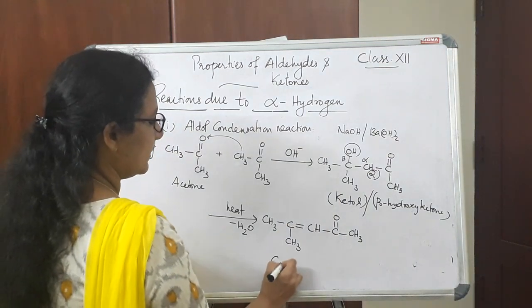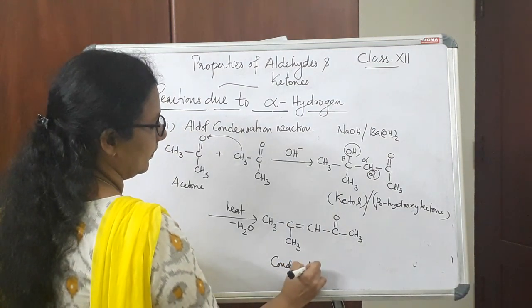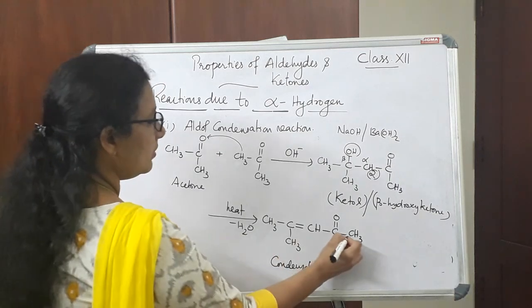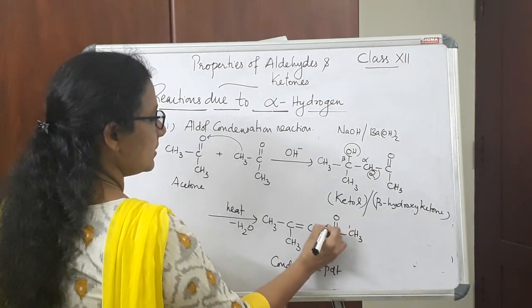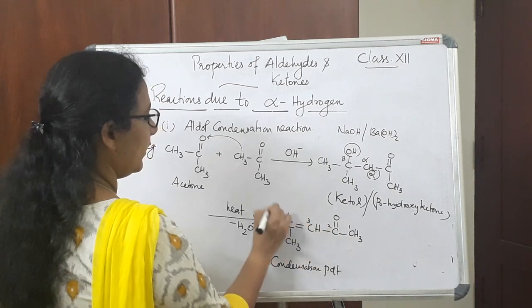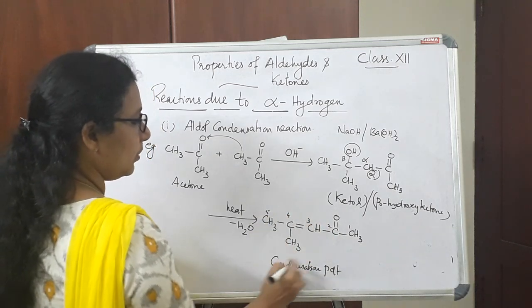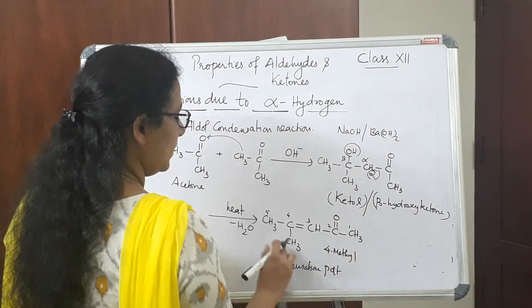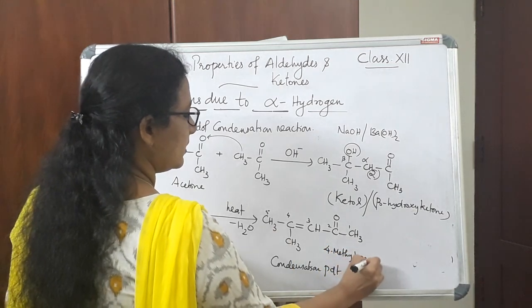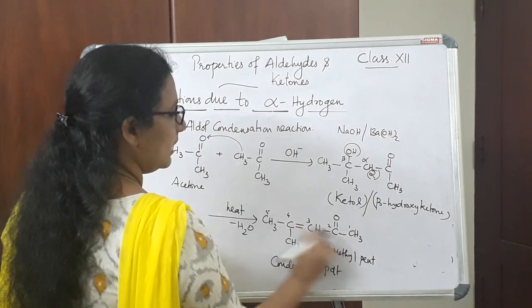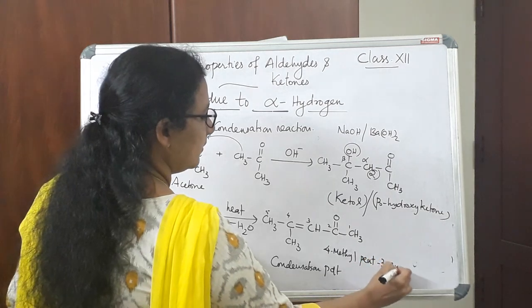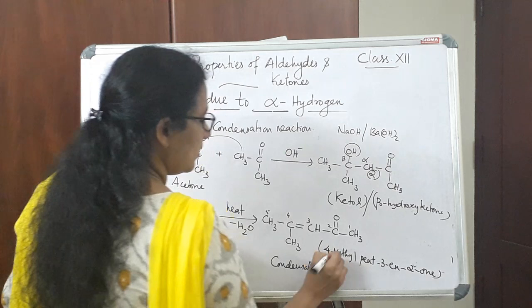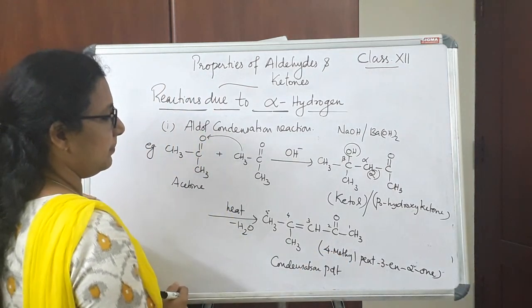This is the condensation product. Let us name this compound. This is the first position, 2, 3, 4 and 5, and the name is 4-methylpent-3-en-2-one. So this will be the condensation product.